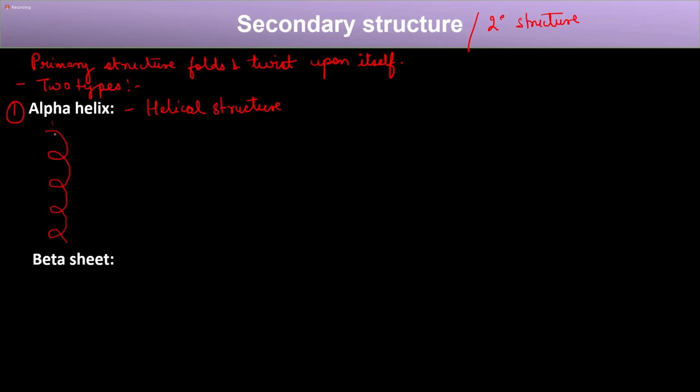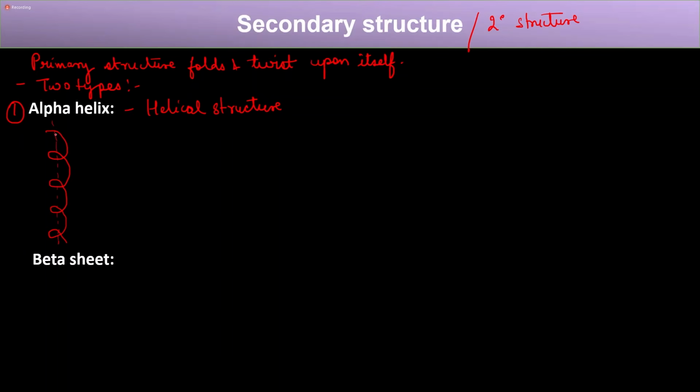Now this helical structure has a certain axis along which it is rotated. For example, if you take a pen and start wrapping a thread over that pen, you will get a helical structure. In that structure, the axis will be the pen on which you are wrapping the thread.